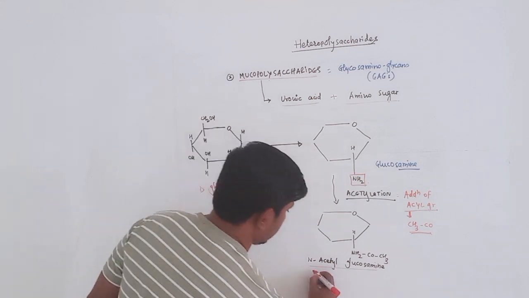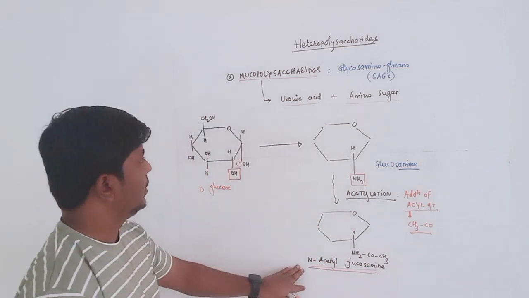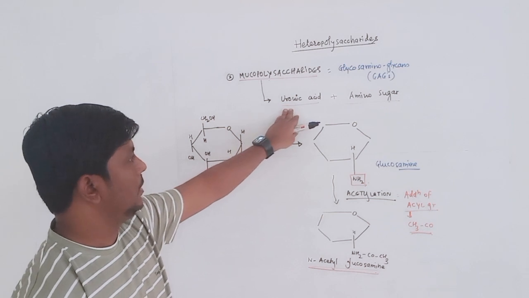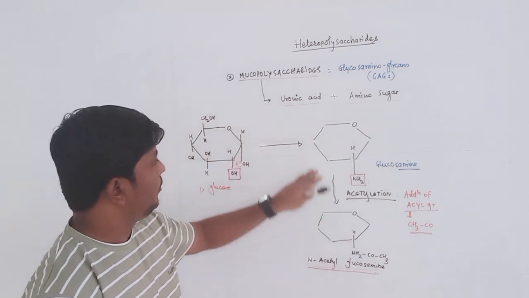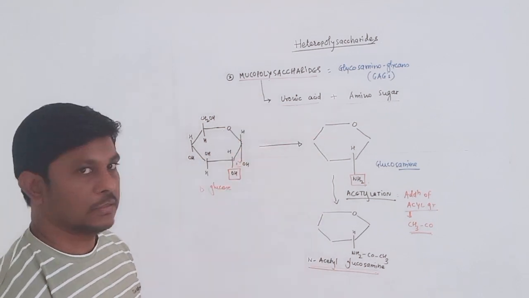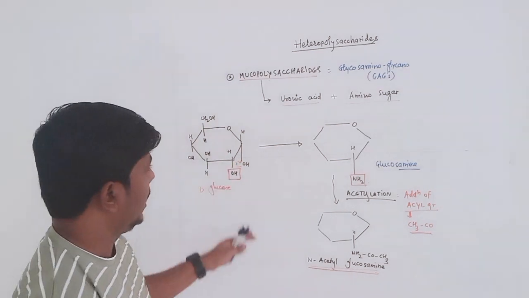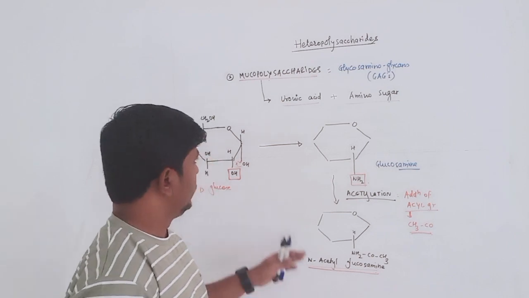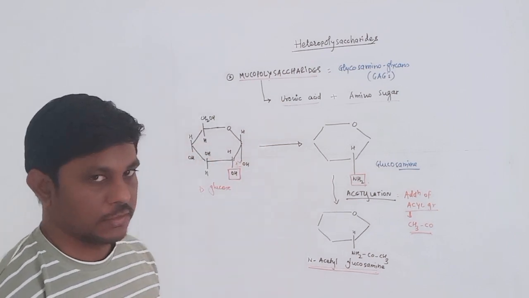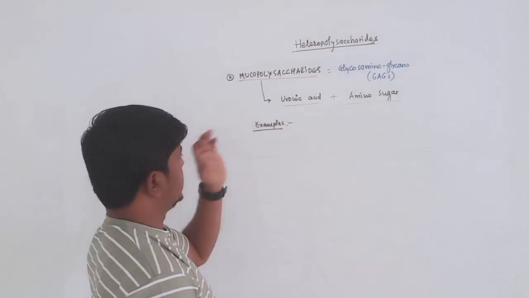So this N-acetyl glucosamine along with glucuronic acid are the main components of mucopolysaccharides. Now you understood how the uronic acid and amino sugar form, so let's continue our discussion of mucopolysaccharides and see the examples.